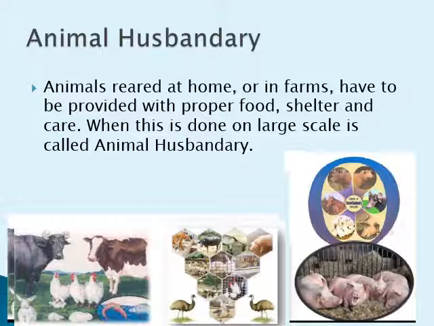Now when we talk about poultry farming, people get meat as well as egg from them. Fish farming is also a type of animal husbandry in which fish are kept so that people can benefit from their meat and other products.